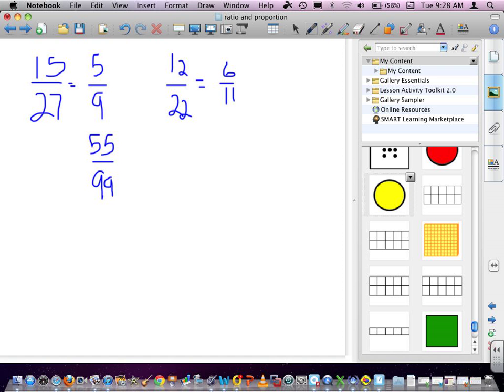And 6 over 11 is what over 99? 54. Okay? So 7A gets 54 99ths of a piece. And 7B gets 55 99ths of a piece.